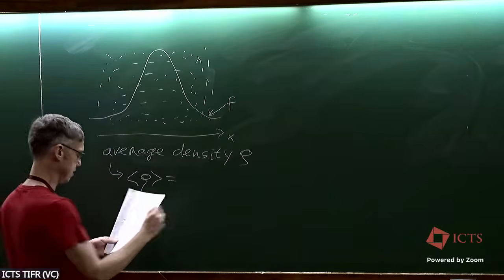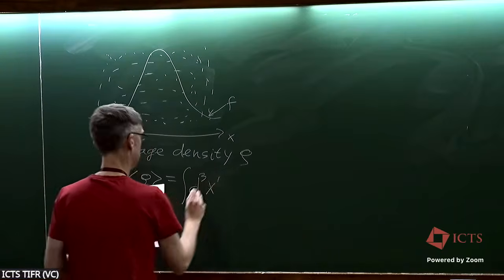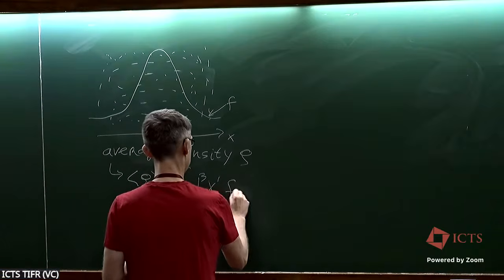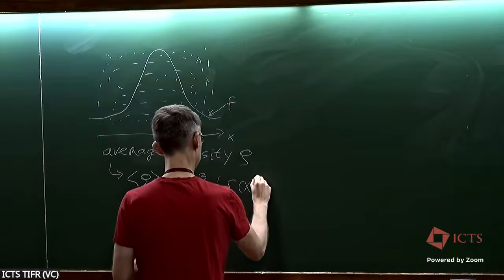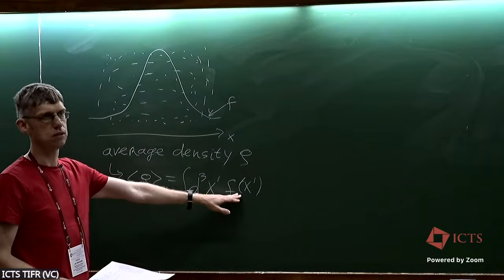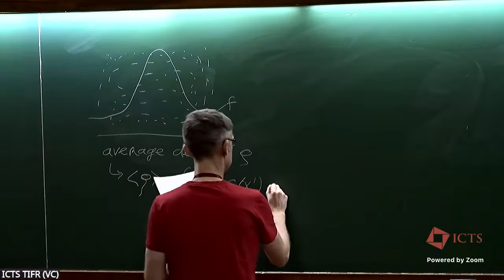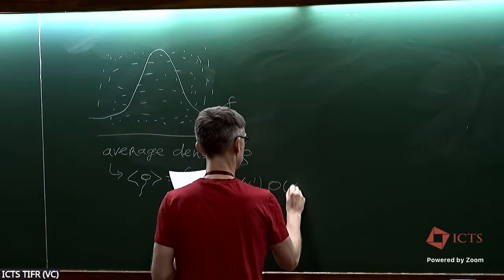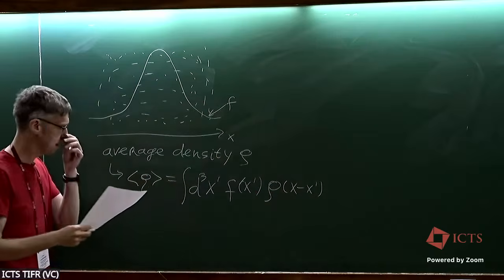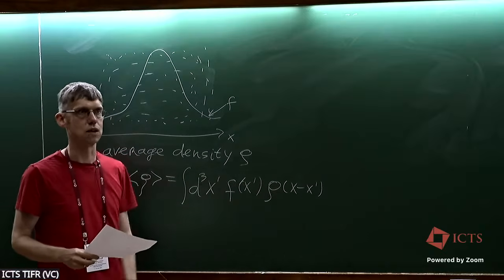The average density is just defined as usual. So you have an integral over all of your volume. You have your averaging function. So this could be a three-dimensional Gaussian also with a certain width. And you have the original density, so to say, the granular one. So this could be a sum of delta functions, for example.